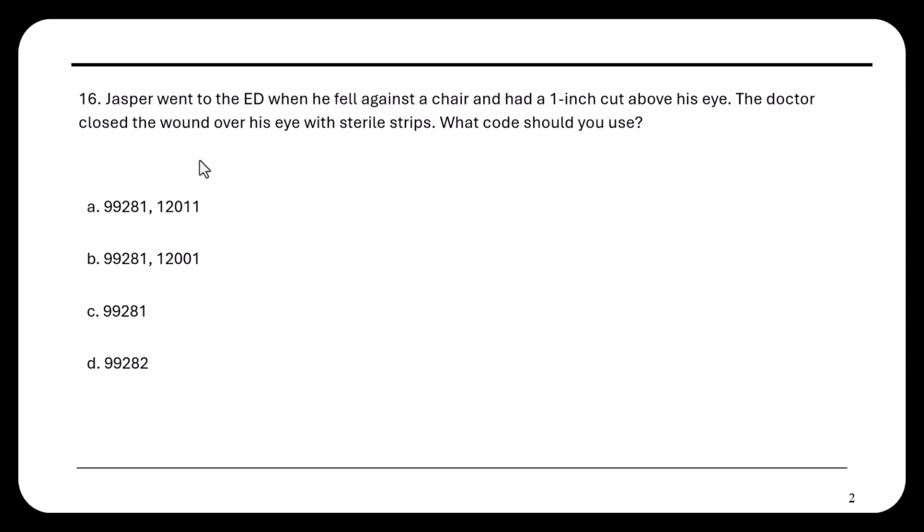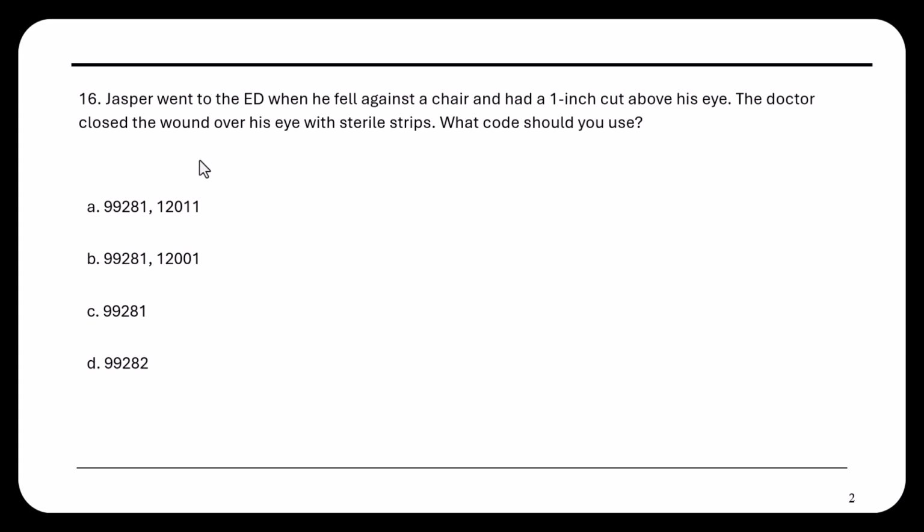And as you look at these codes, I have 99281 and 99282. That's okay. I know that it's a 99, it's an EM code. But then I have 12001 and 12011. So what's that about? If I go to that section, I'll find that's the closure one, because he did have a cut above his eye.